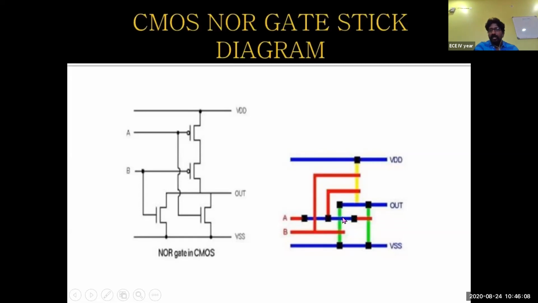Metal has been used between this polysilicon and this polysilicon, and a contact cut has been used here in order to make it an electrical contact. But at this particular part, no contact cut has been used. It means that there is no connection between this N diffusion and the metal contact. So this is how we are supposed to draw stick diagrams or layouts, very carefully, keeping every rule in mind. So this is the stick diagram of a CMOS NOR gate.